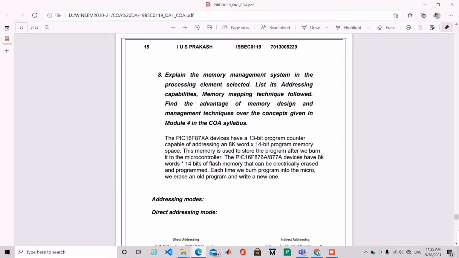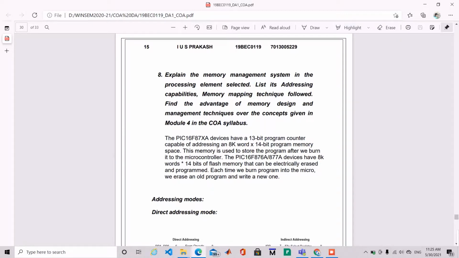And the eighth question is to explain the memory management system in the processing element selected, list its addressing capabilities and memory mapping technique followed, and find the advantage of memory design and management techniques over the concepts given in module 4 of the COA syllabus. Here the PIC16F877 device has a 13-bit program counter capable of addressing an 8K word by 14-bit program memory space.